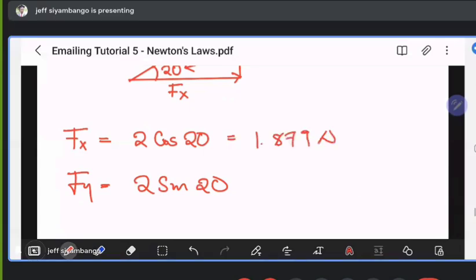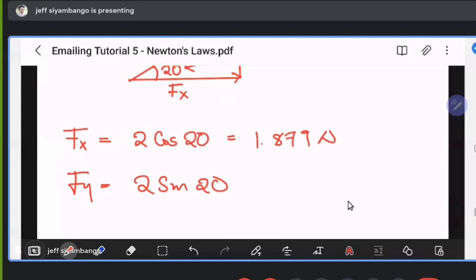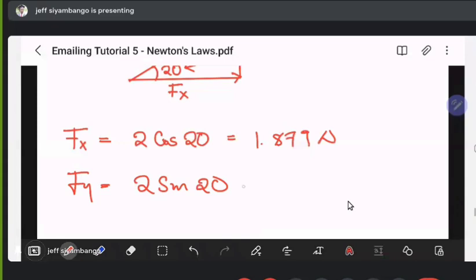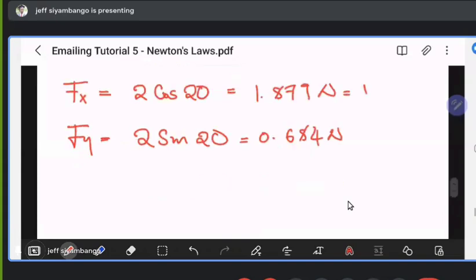How about the Fy? 0.684 newtons. You can write Fx to 3 significant figures, which becomes 1.88 newtons. These become the 2 components for our force.